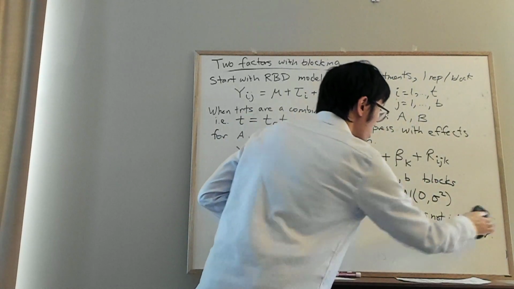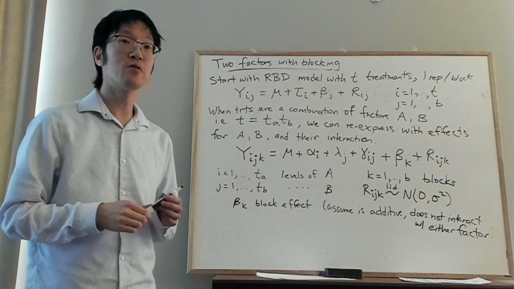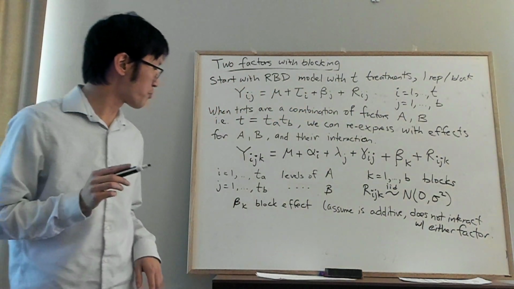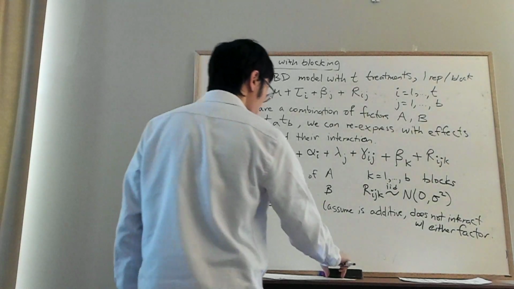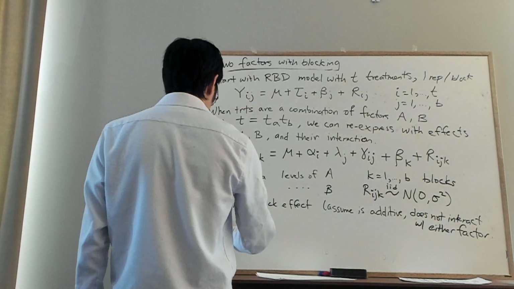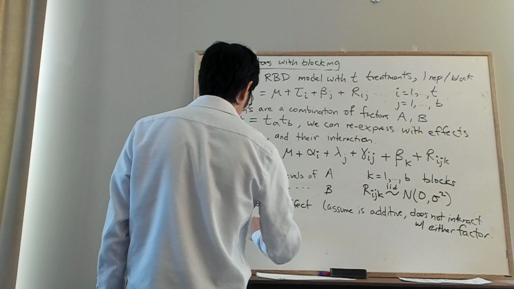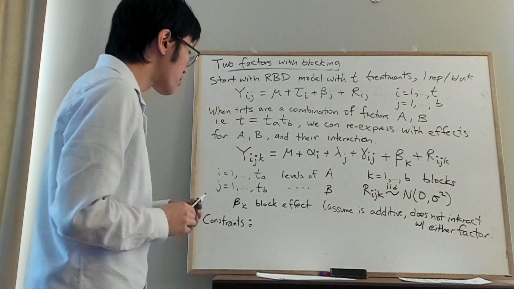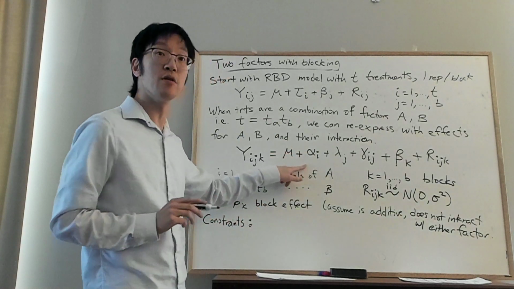Okay, so the next thing I want to look at is, of course, we have a lot of parameters in this model, and so there are also a lot of constraints. So let's list all the constraints on the parameters. Some of them are the same ones that we have seen before.